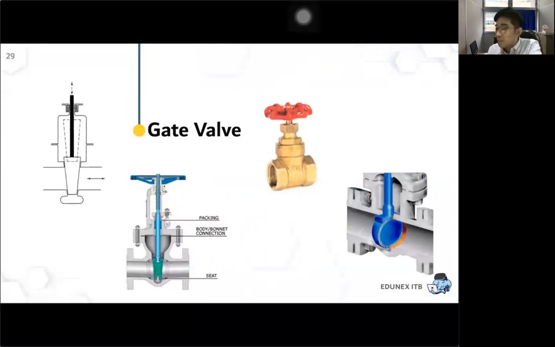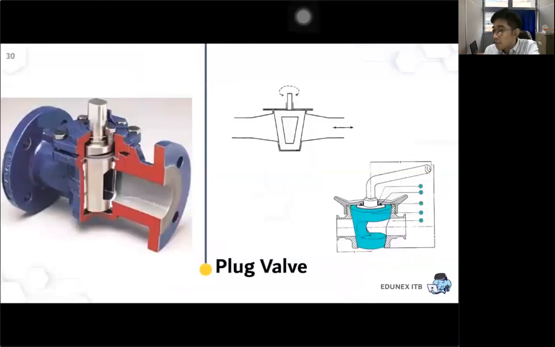For example, like this one, we call it gate valve because it functions as a gate. Usually the gate valve is just to open and close. You may use the gate valve to adjust the flow rate, but it will not be sensitive in changing the flow rate, because the opening is like a gate, whether it's open or closed.